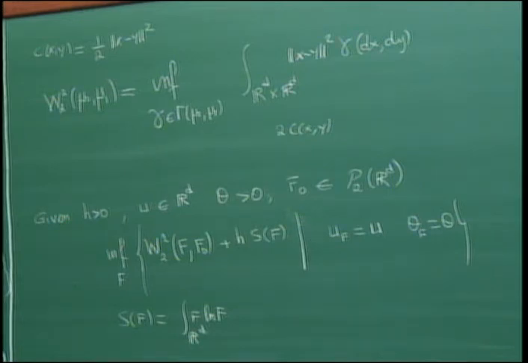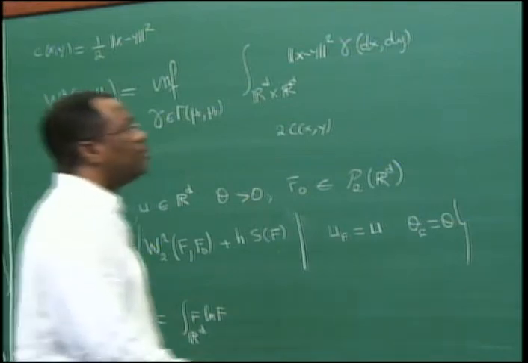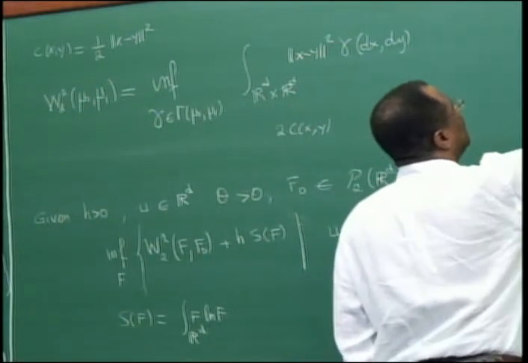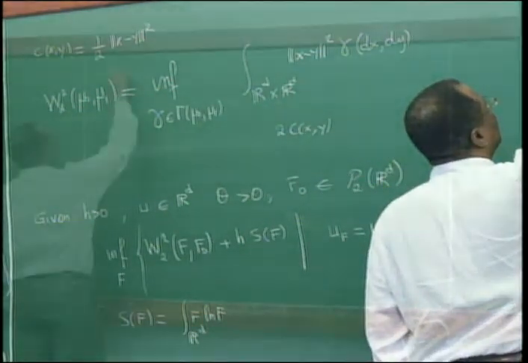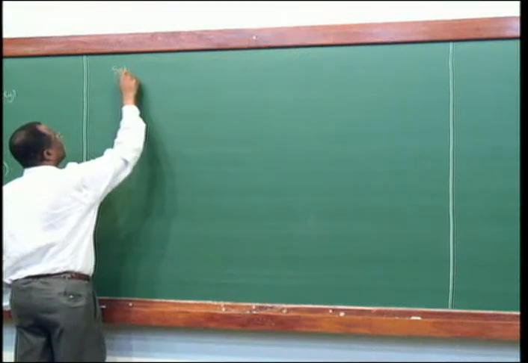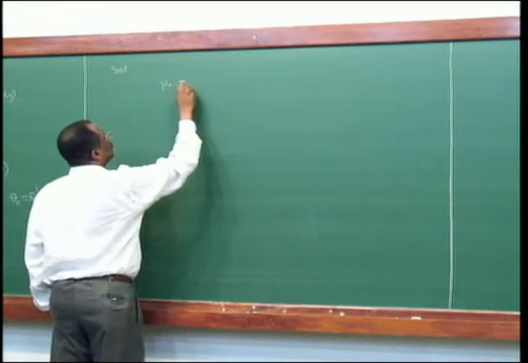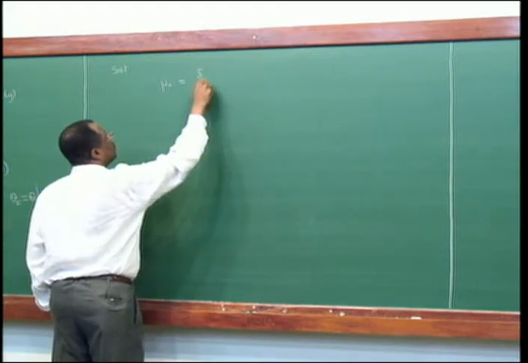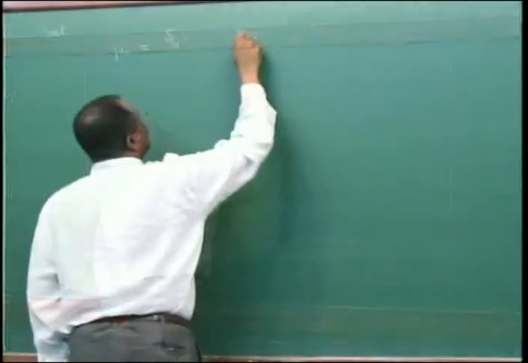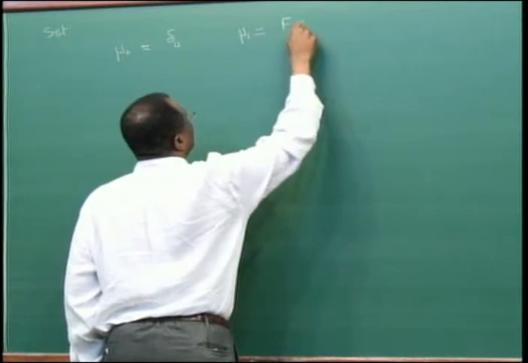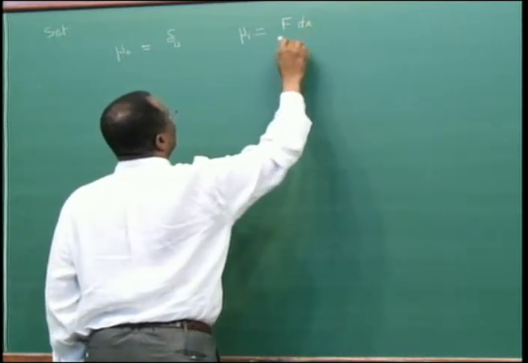So now let us make the following observation. Set mu naught to be the Dirac mass at u, and mu 1 to be the measure with density f.